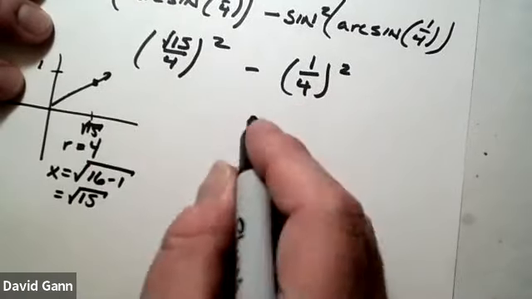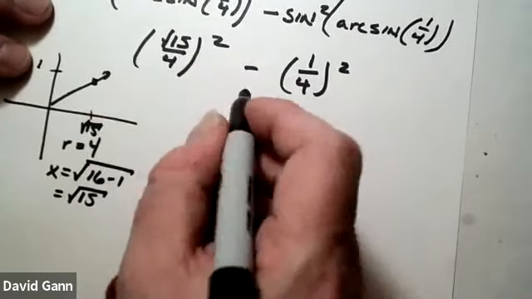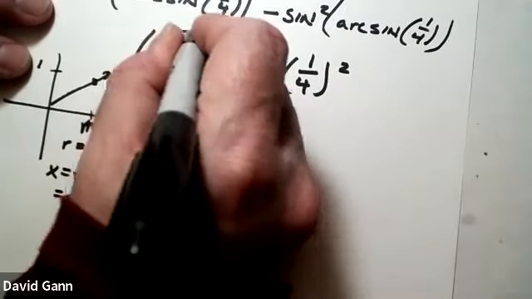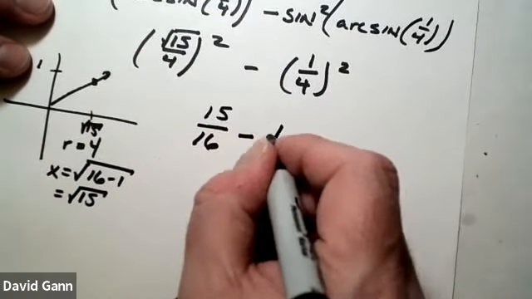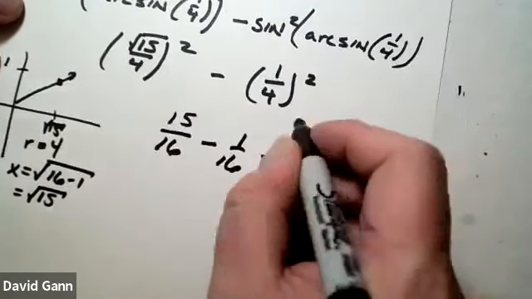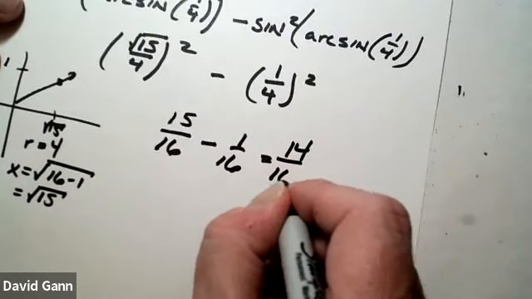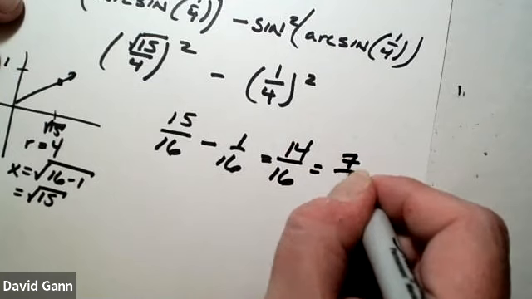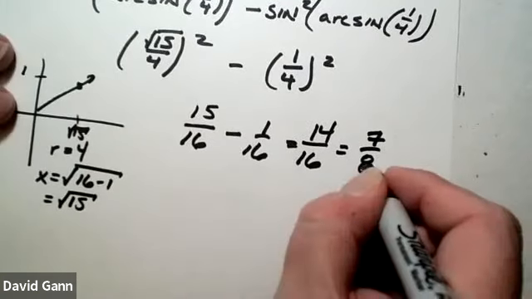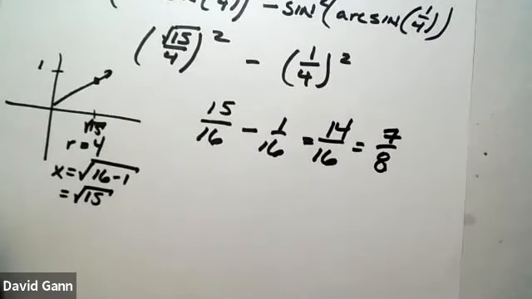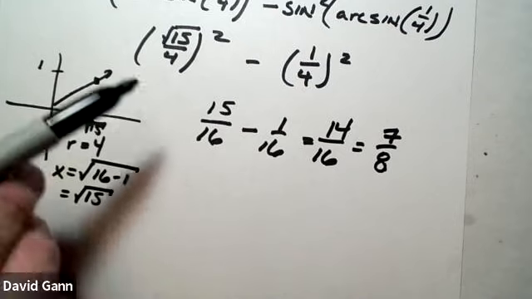So the net result here is that when we square these, we get 15 over 16 minus 1 over 16, which equals 14 over 16, which happens to be 7 over 8. Okay? Kind of a long-winded problem there. And of course, they can get a little bit weirder. Let me try one that involves, now this one involved a double angle.